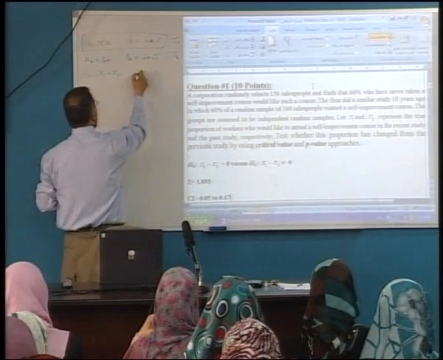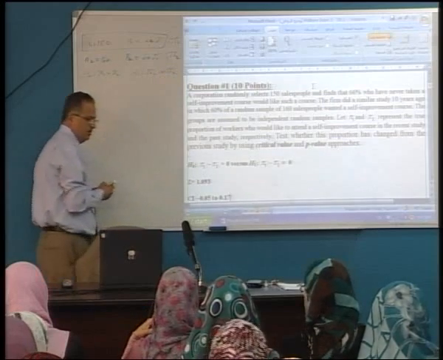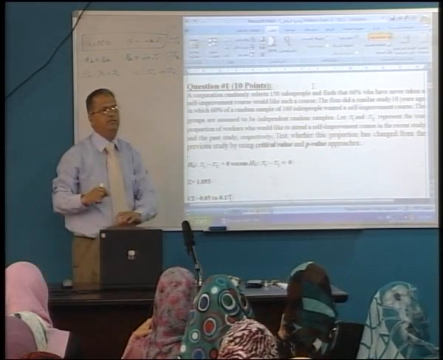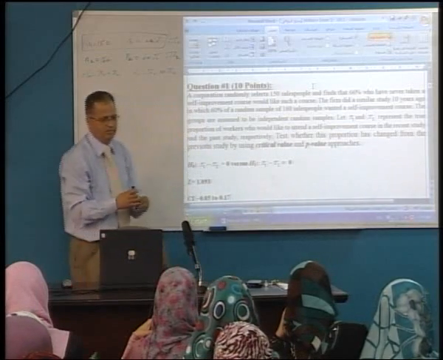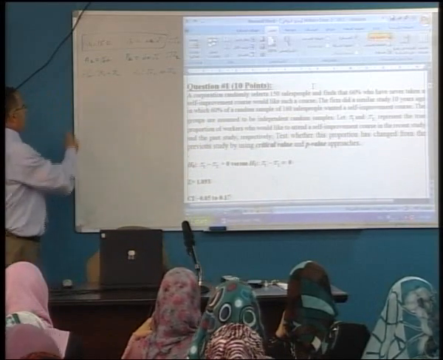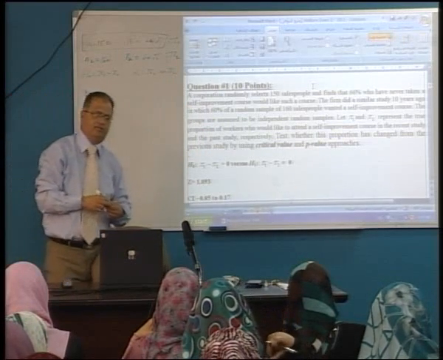So this one should be pi 1 does not equal pi 2. So step 1, you have to state the appropriate null and alternative hypotheses. Second step, compute the value of the test statistic.